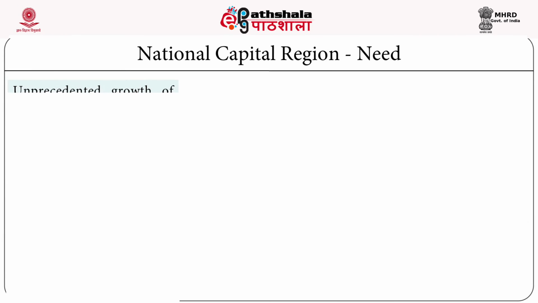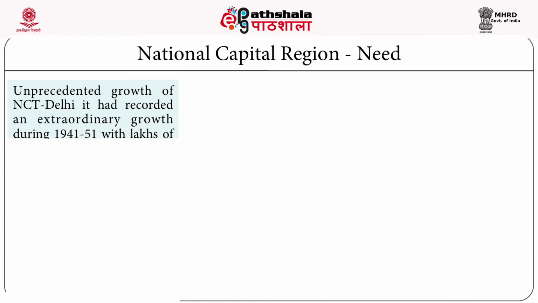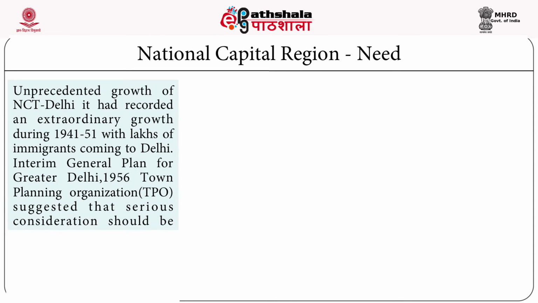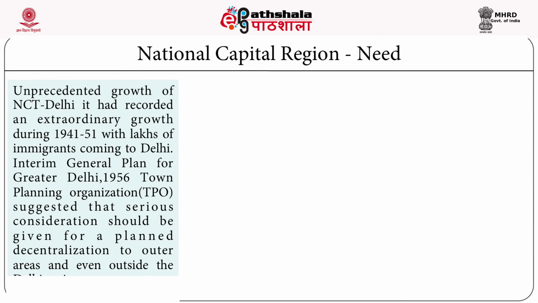Now what was the need of this National Capital Region Plan? Because of the unprecedented growth of NCT Delhi, it had recorded an extraordinary growth during 1941-51 after partition, with lakhs of immigrants coming to Delhi, and there was also an interim general plan for Greater Delhi 1956, and TCPO, that is Town Planning Organization, suggested that serious consideration should be given for a planned decentralization to outer areas and even outside the Delhi region.